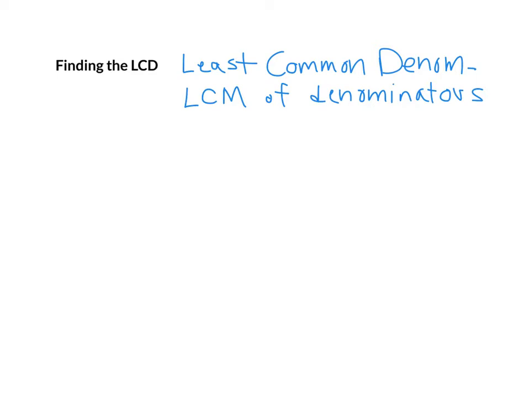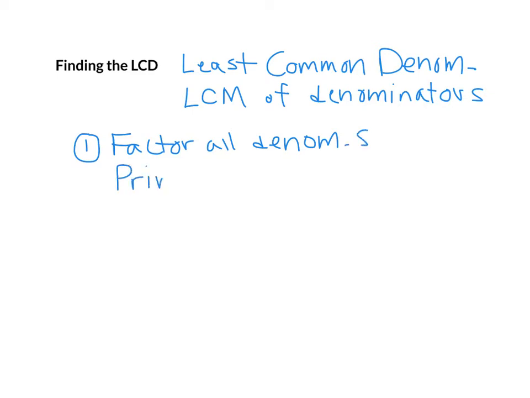So to find the LCD, there are two main steps. The first step is to factor all the denominators that you currently have. When we're talking about factors, if it's a numerical denominator, then you want to use prime factors.